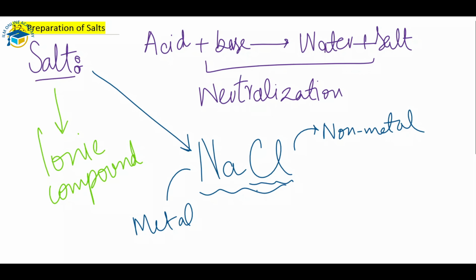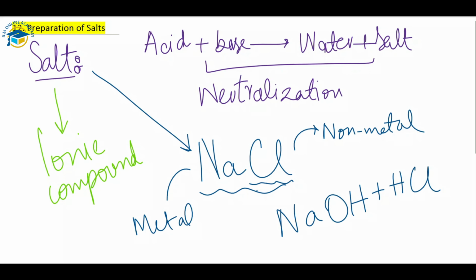For example, in the formation of sodium chloride we have hydrochloric acid, which is the parent acid that always produces salts that end in chloride. Other examples: sodium hydroxide, NaOH, when it reacts with hydrochloric acid forms sodium chloride.